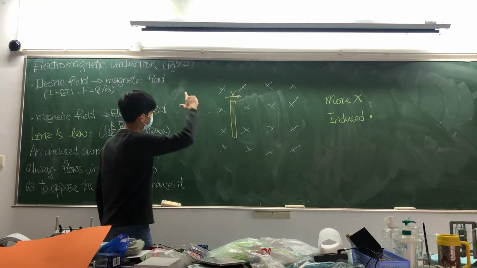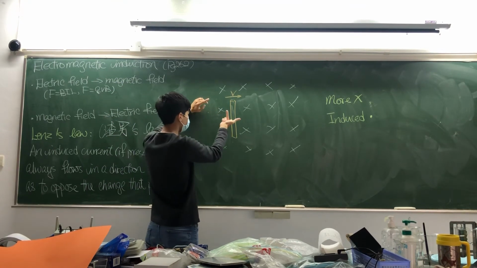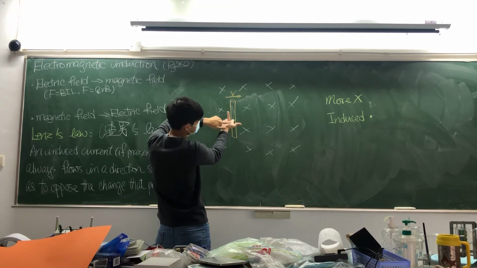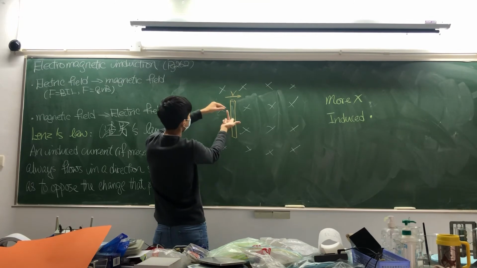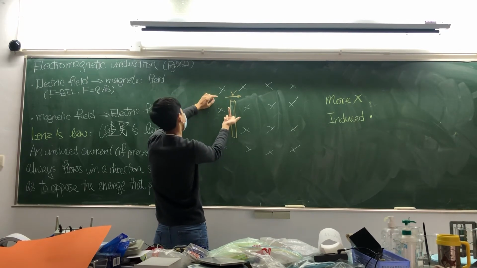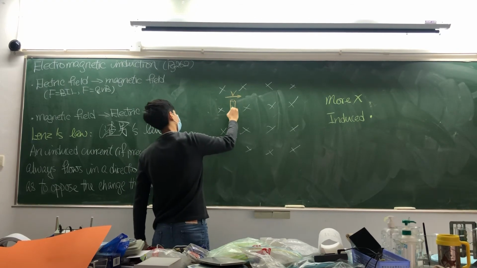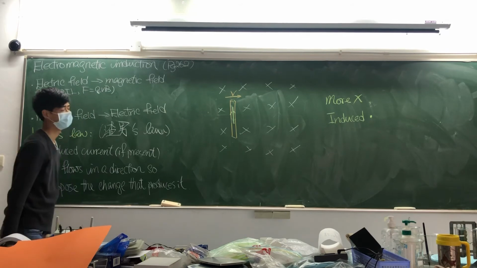So let's fit this posture to this situation. The magnetic field is pointing inward. The velocity is pointing toward the right-hand side, and then your current finger is pointing upward. So the induced current is pointing up, or the induced voltage is pointing up.